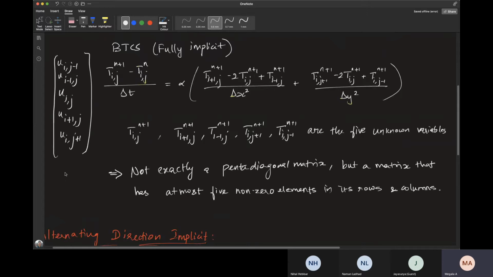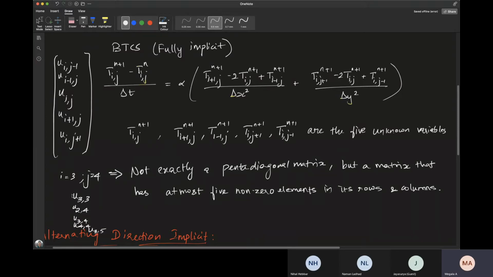Let's say if my i is 3 and j is 4, will I be able to get a neat vector like that? I'll be getting u3,3, and the next one will be u4, and so on.